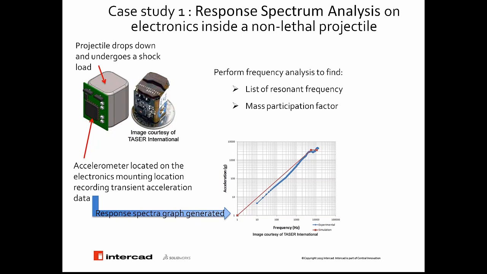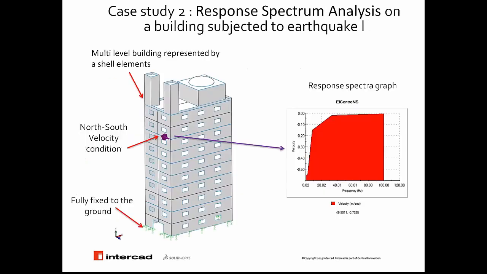Okay, so this would be our first case study, and in the next case study we're definitely going to have the same sort of testing on a shell structure building, and simply we have a velocity field. As you can see, this is my response spectrum graph.